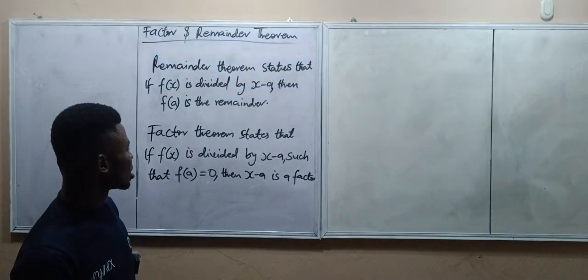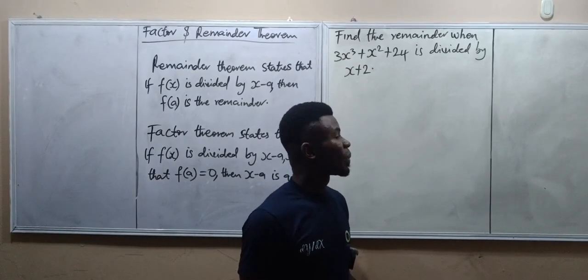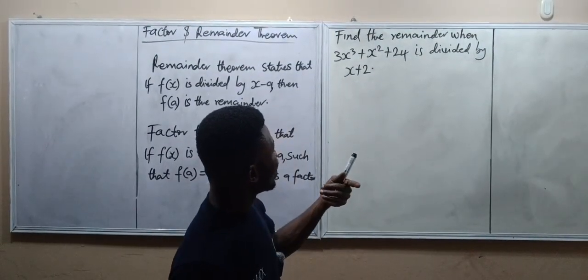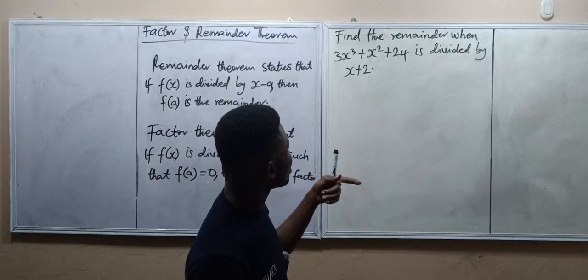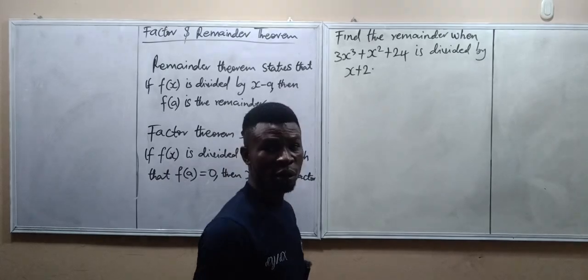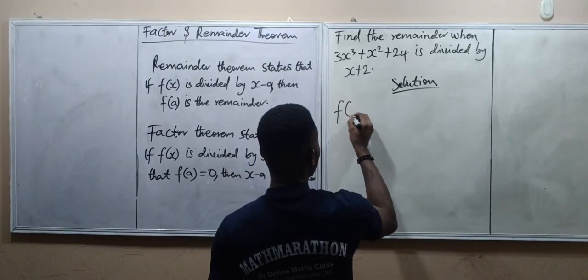Now let's see one example to illustrate what we are saying here. Now look at this particular question. This one says, find the remainder when 3x cubed plus x squared plus 24 is divided by x plus 2. Let's make the polynomial the function of x.